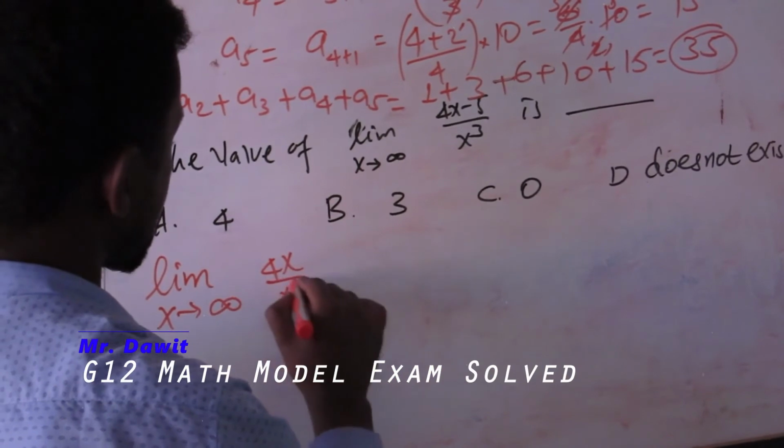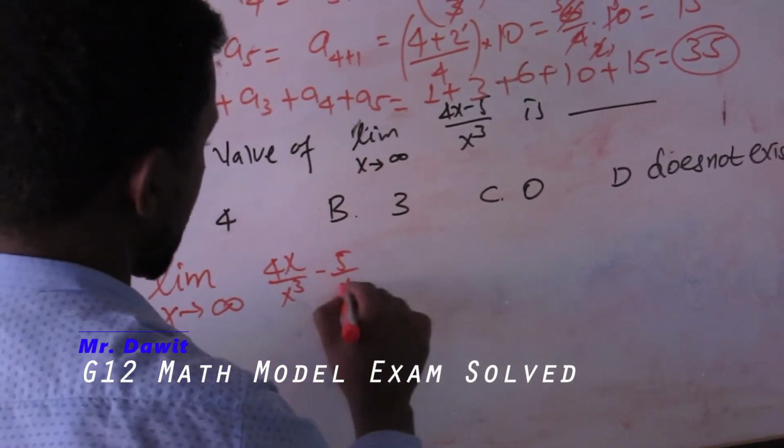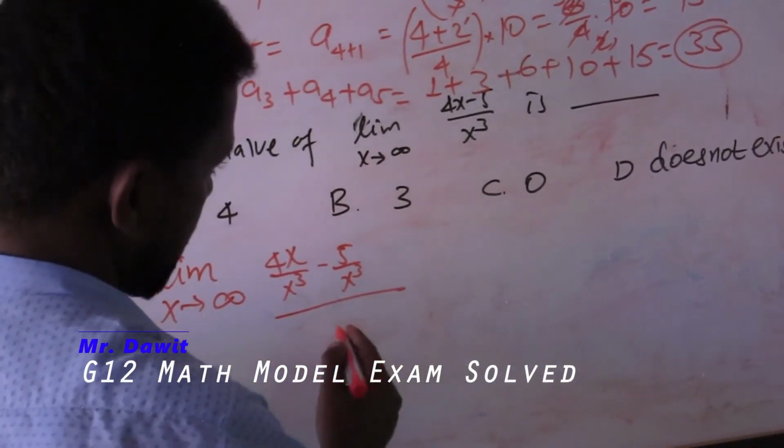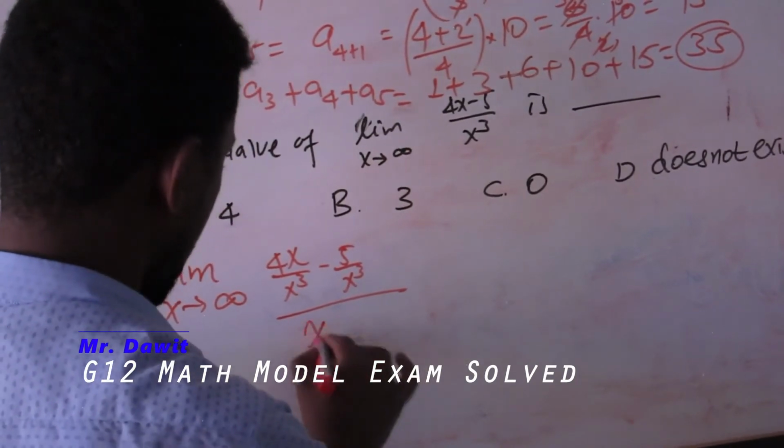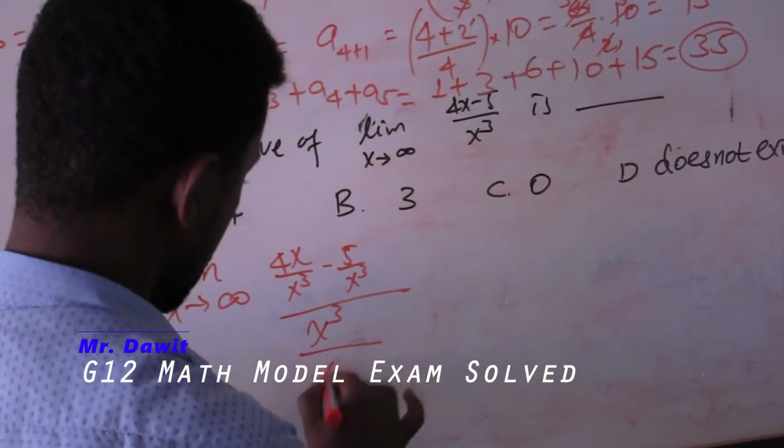That means 4x over x cubed minus 5 over x cubed, divided by x cubed over x cubed.